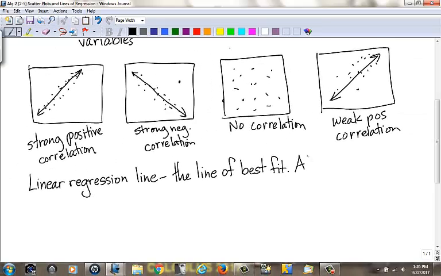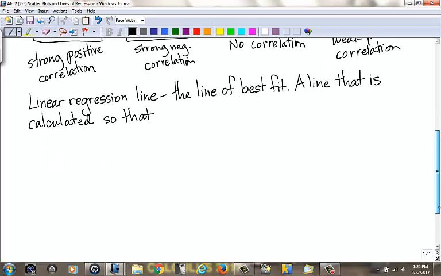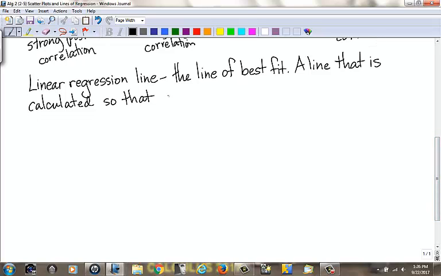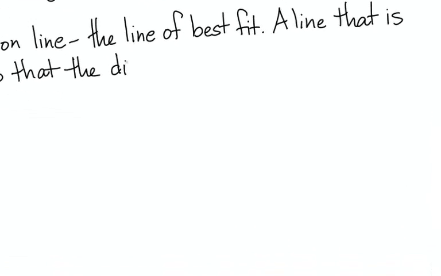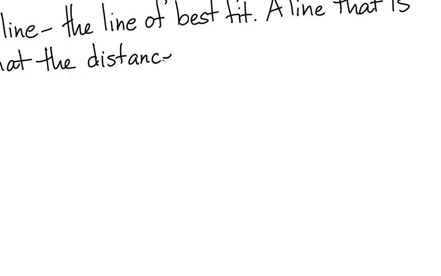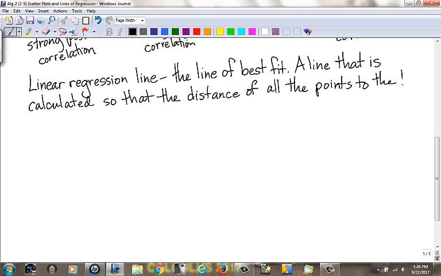It's a line that is calculated so that the distance of all the points to the line is at a minimum.